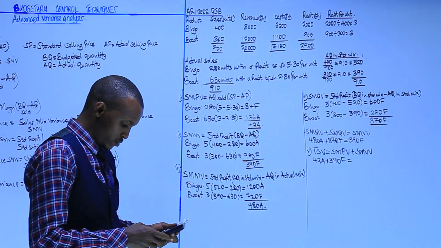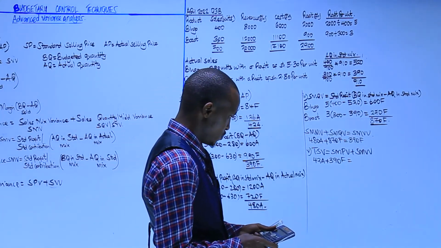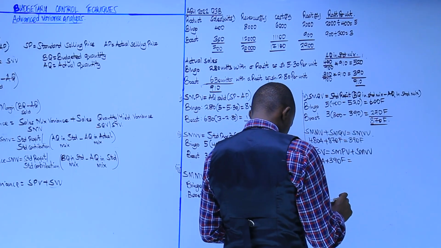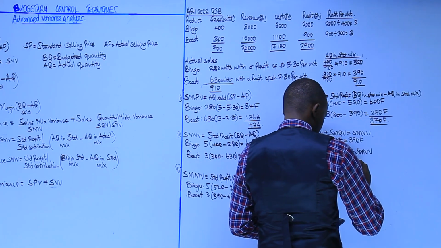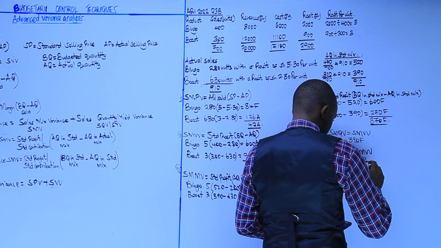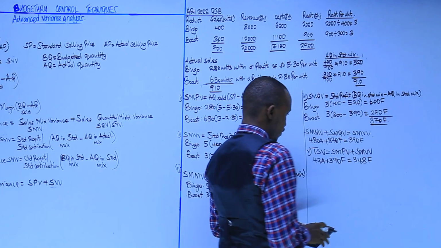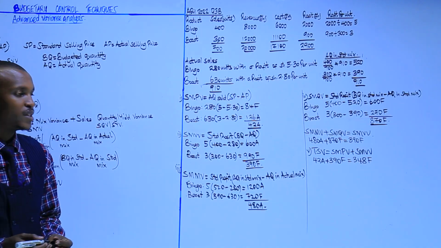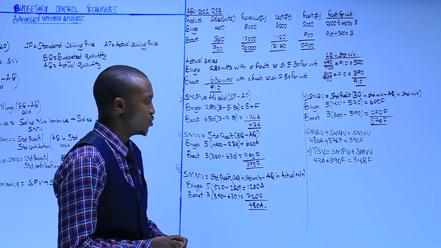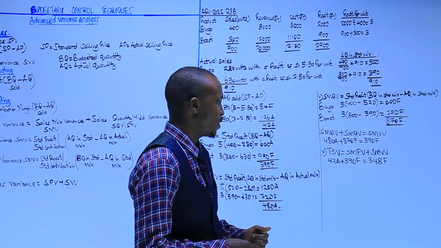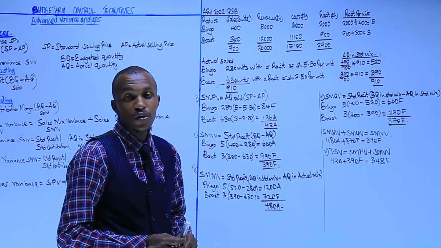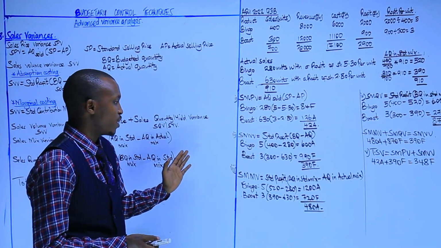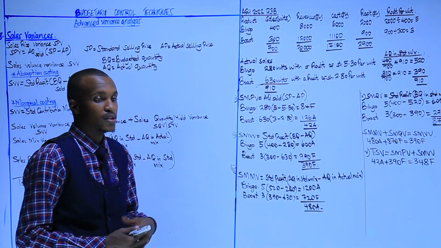So therefore this should give you 348, which is favorable. Those are variances of sales that we have successfully tackled.